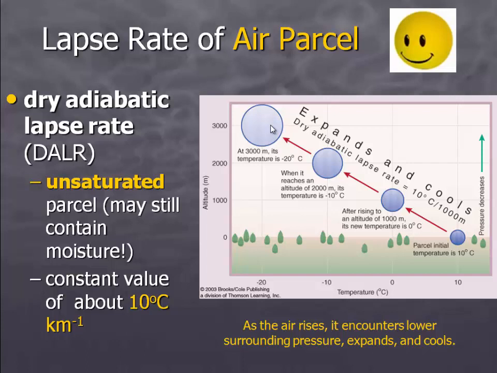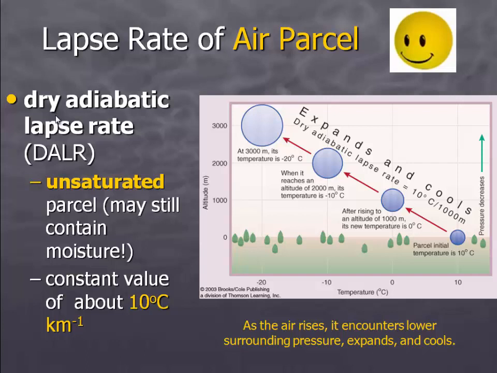There are some very simple rules of thumb governing how the temperature of a parcel changes as it goes up and down in the atmosphere. It actually makes sense when you think about it. The dry adiabatic lapse rate is simply the change in temperature with respect to height that the parcel will experience if it is dry, meaning the parcel is not saturated.